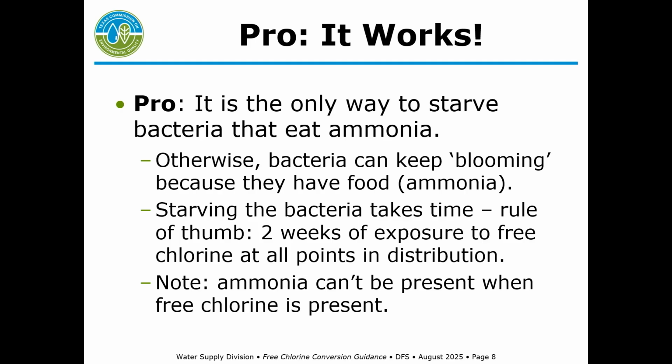And it's important to remember that ammonia can't be present to any measurable amount if you truly have free chlorine. There's lots of ways you can get false free chlorine, and we'll talk about some of that later. So if the analysis that you're doing is clear, and we'll talk about how to do the analysis, that there is free chlorine present, as I said, there can't be any measurable ammonia.